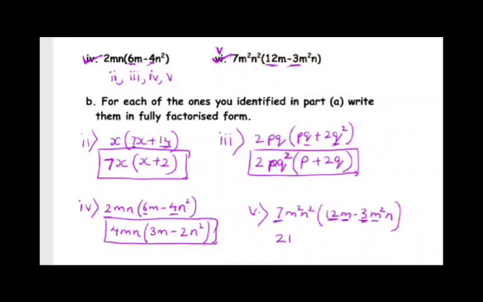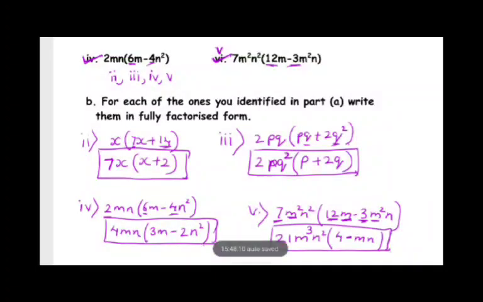Then both the places we have this m, so this m becomes m cube n square. This one is outside now, so it becomes 4 minus mn. Alright children?